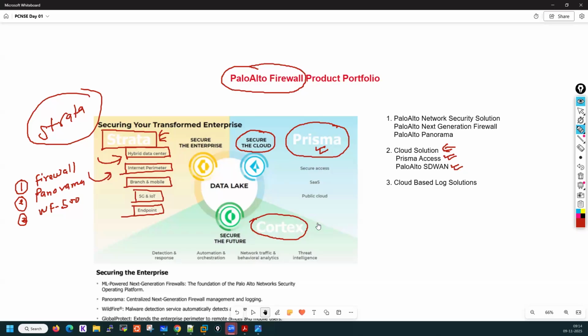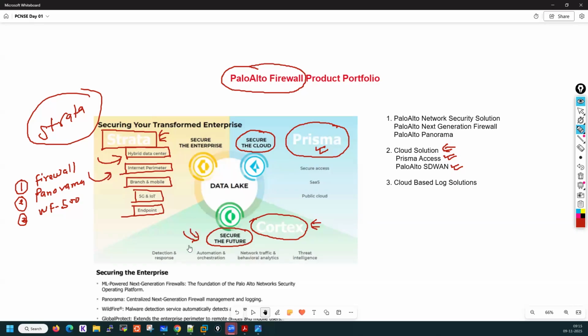And the third solution, which is Cortex, basically secures the future. Future means, let's suppose you have logs, then how can you securely save your logs somewhere. Okay, it will also provide endpoint security.